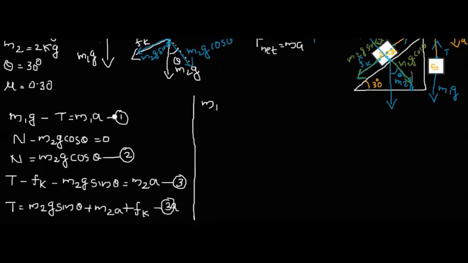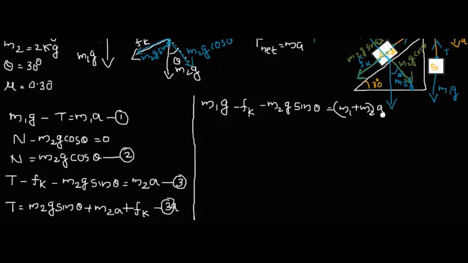When I add equation number 1 and equation number 3, the minus T and plus T get cancelled out and I will get m1g minus Fk minus m2g sin theta is equal to (m1 plus m2) into a.